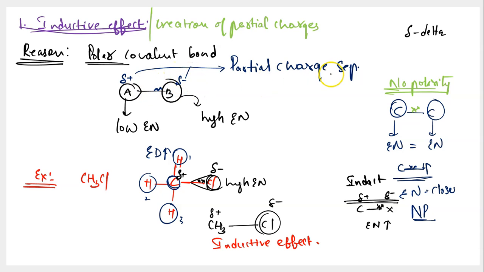So this partial charge development is nothing but inductive effect, and it is represented as delta positive and delta negative. Delta positive is for the atom which is losing electrons or is not able to attract electrons strongly, and delta negative is for the atom which attracts electrons more strongly towards itself.